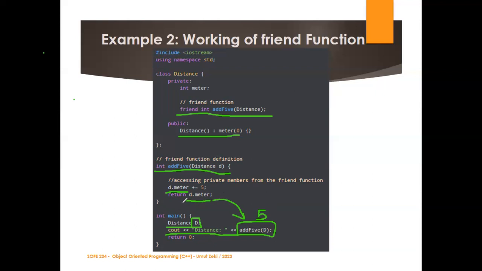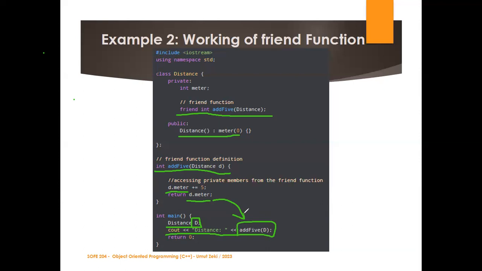But the point here is that the friend function is not a member function, yet as you see, it can directly reach the private variable.